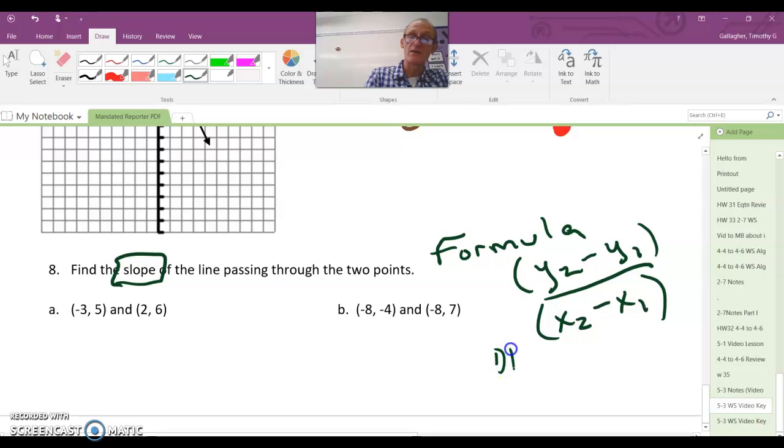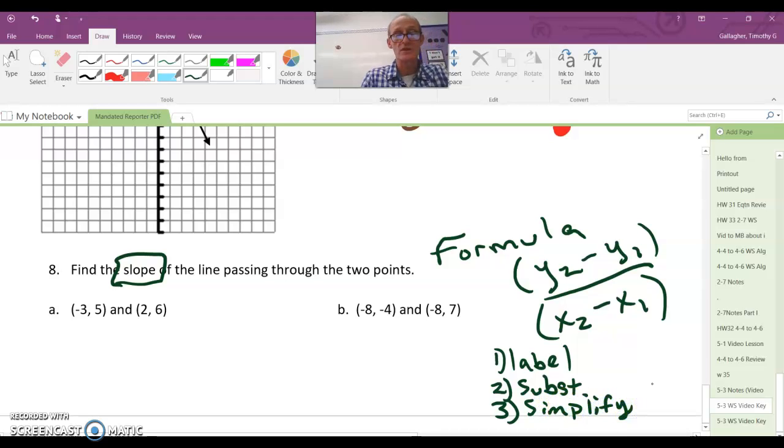So we want to label and substitute, and then simplify. We're going to label, substitute, and simplify. Now, I only might have time for one of these problems. So we get x1, this is a label, y1, x2, y2.